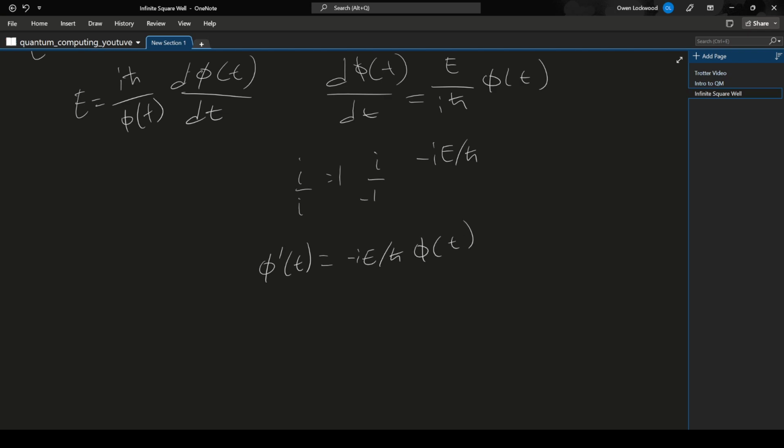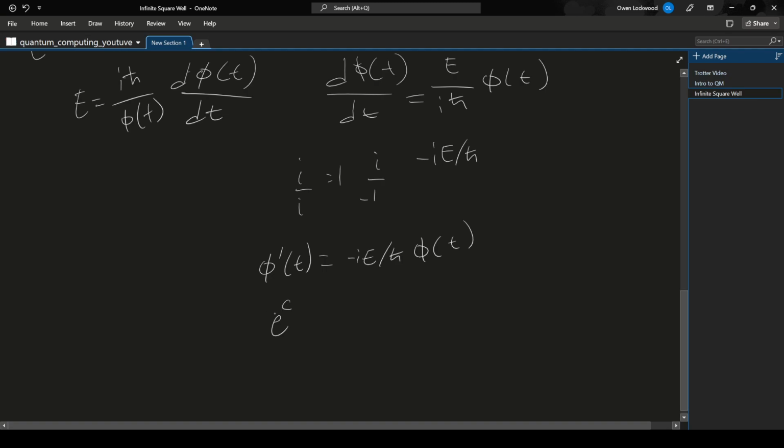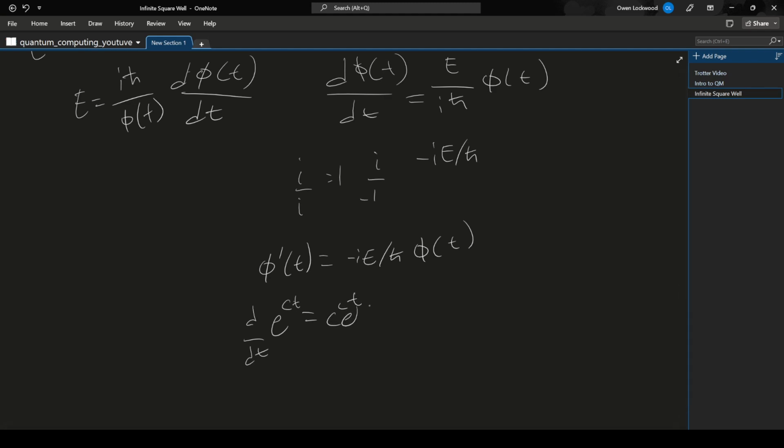So what would solve this equation? You could just solve it normally, integrate both sides, get your solution. But this looks pretty easy to just say, oh, I recognize this. The derivative of a function equals a constant times the same function, and that's everybody's favorite function, e to the ct. The derivative of e to the ct with respect to t equals c e to the ct.